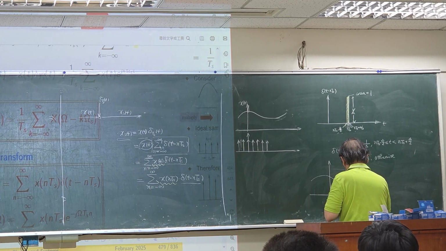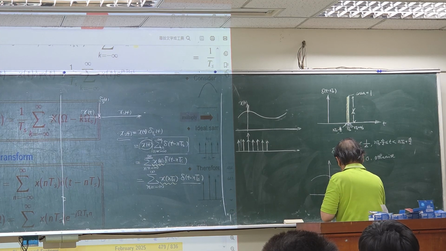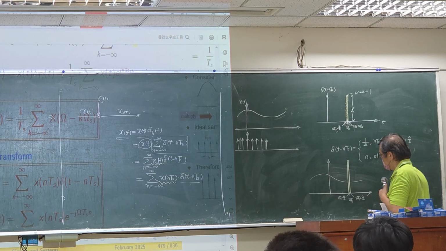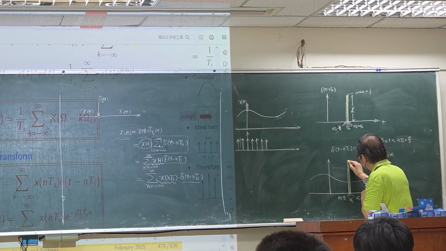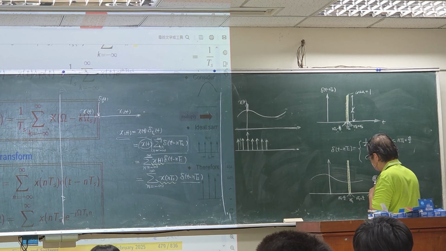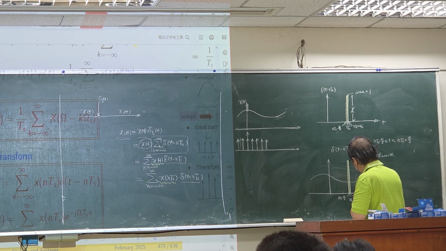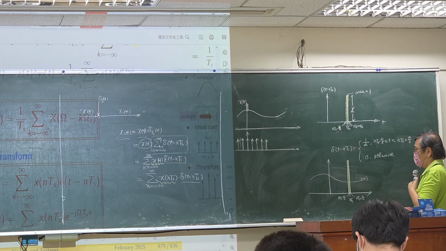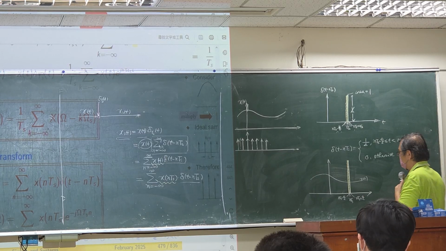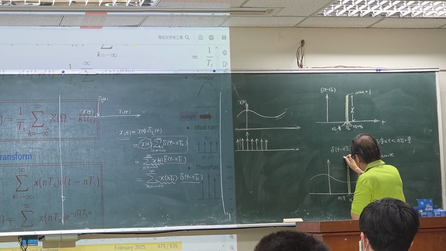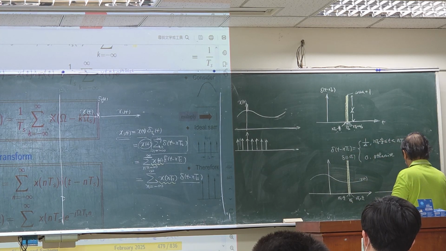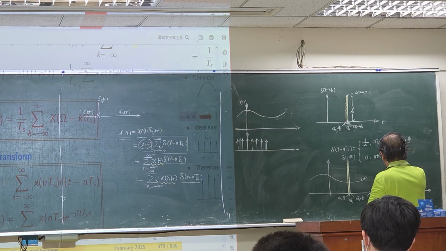This is nTs plus 1/2 delta, and this is nTs minus 1/2 delta. And this is x(t). This curve here is x(t). So what is the product? This function, x(t) times the delta function, equals this one.